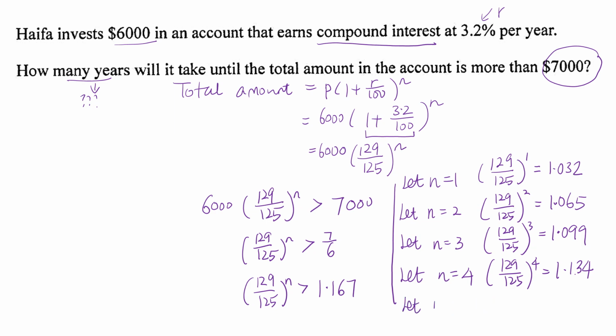Let n equal 5. That gives 1.17. Okay, so now we are there. We can see that 1.17 is clearly bigger than 1.167.